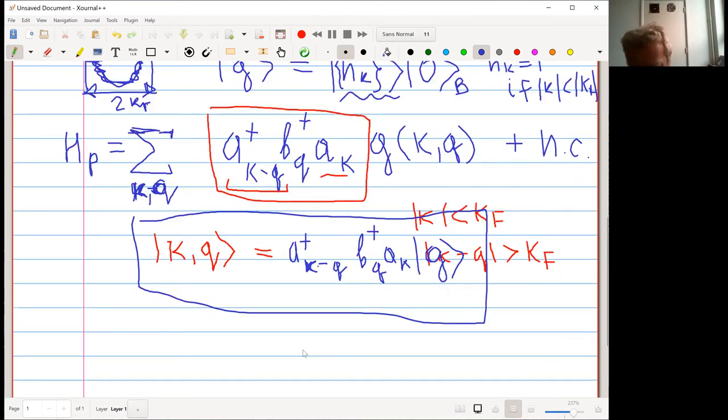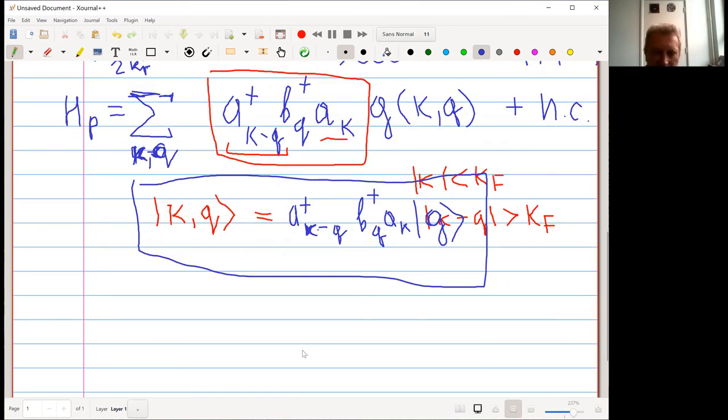Let me explain why. If I conjugate it, what do I do when I conjugate? I have to put operators in opposite order and conjugate them. So that's what I get. This will be the conjugation of this term.